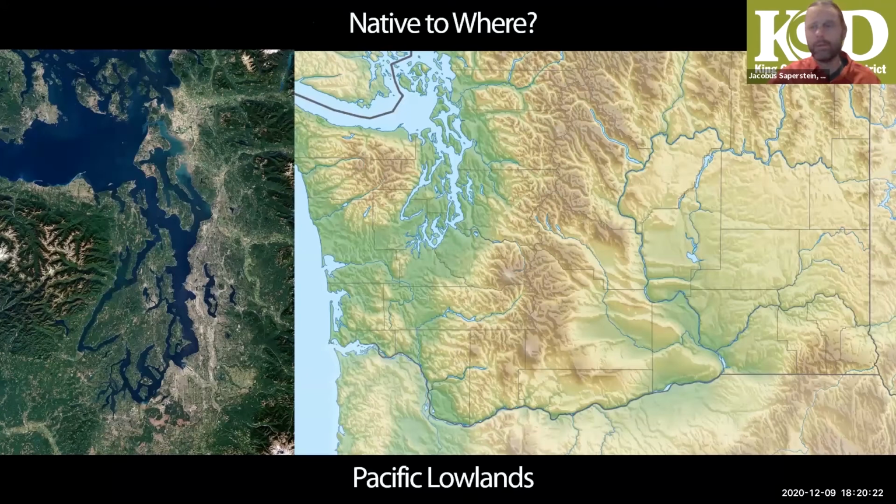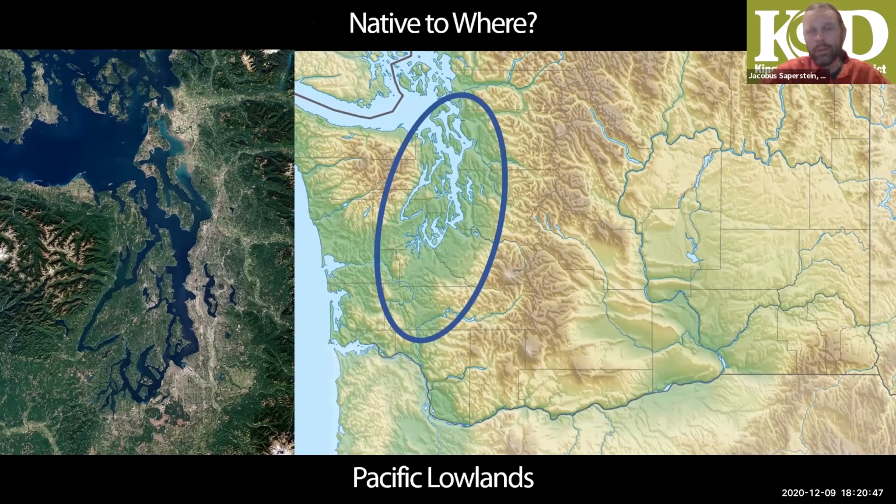But back to some of the basics of native plants. We're using the term native plants, but that's a big, broad term. So where are we talking? It's all a matter of scale. For this, every plant is native to Earth, right? But really, the focus of this is native plants of the Puget Sound lowlands.